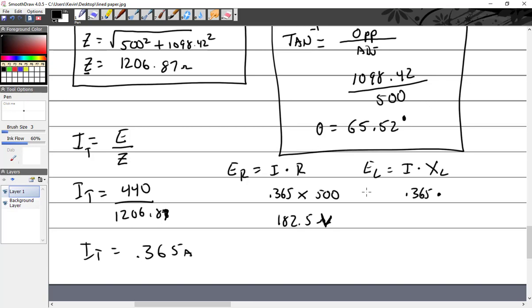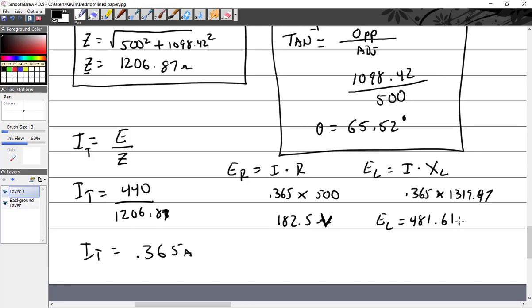X of L is 131.947. So 0.365 times 131.947 equals 481.61.